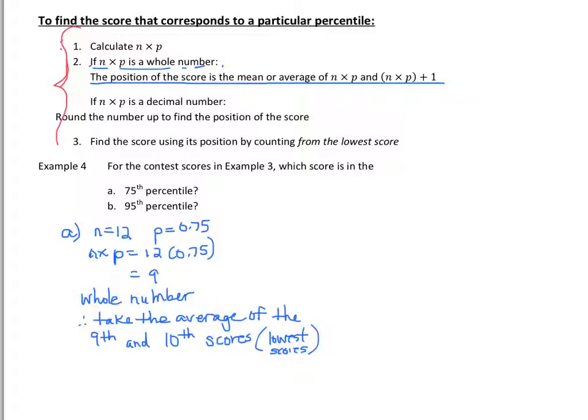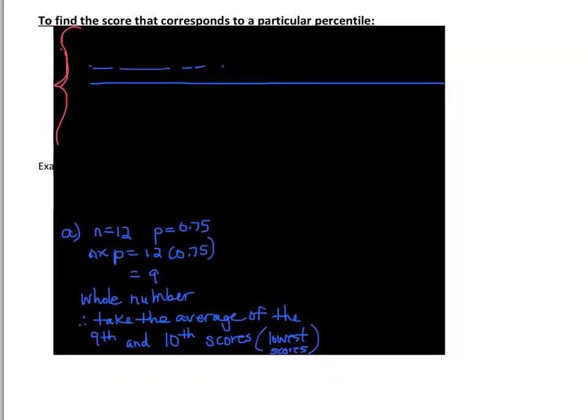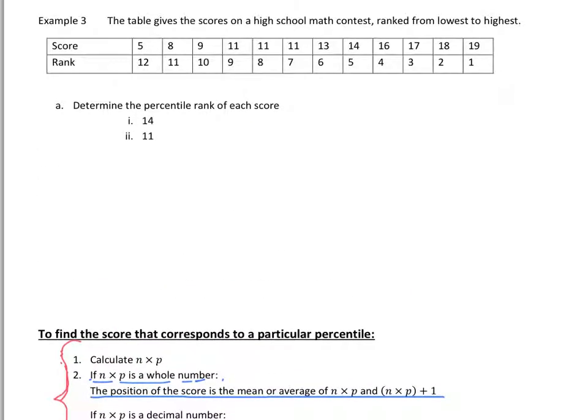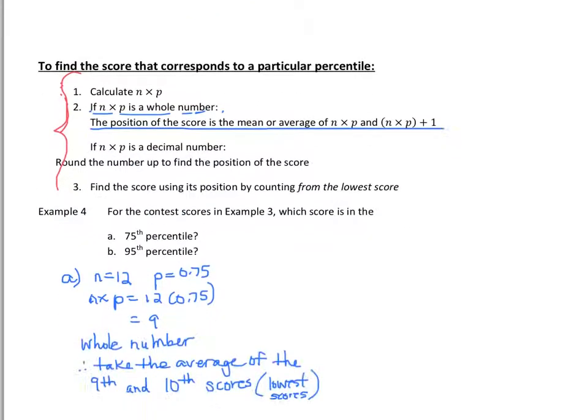So we'll look back up to the table. Let's scroll back up there. If we want the 9th and 10th lowest scores, okay, so the low scores start on this end of the table. This table goes from a score of 5 up to 19. So the 9th lowest score, so 1, 2, 3, 4, 5, 6, 7, 8, 9, 10. We want the average of the 9th and 10th lowest scores.